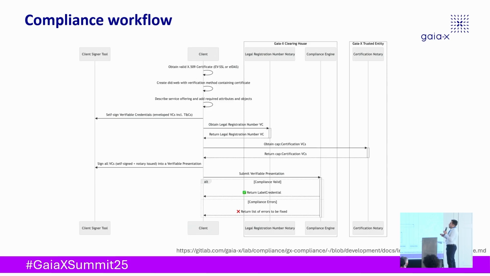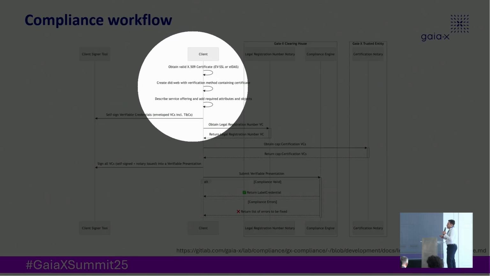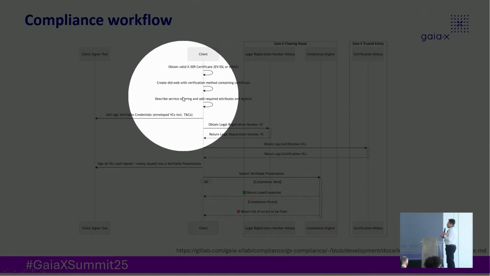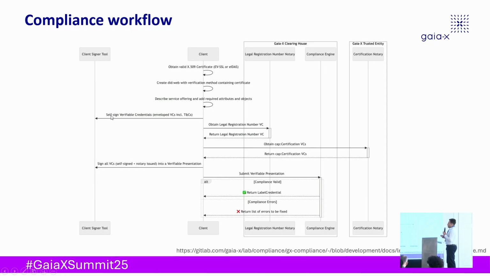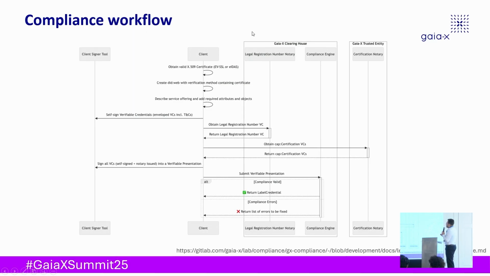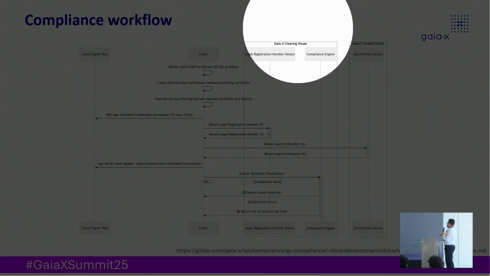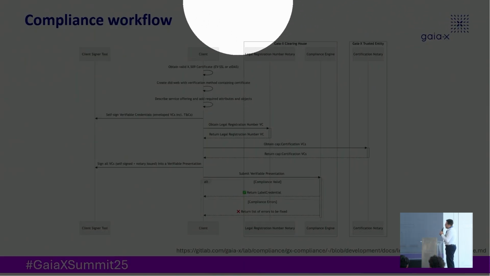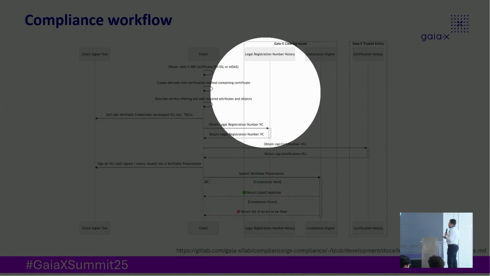Once we have all this information, the entity wants to sign its credential into a VC, of course. You can use your own signer tool. Once you have that VC well signed, you want to obtain a legal registration number from the legal registration number notary, in our Gaia-X clearinghouses.